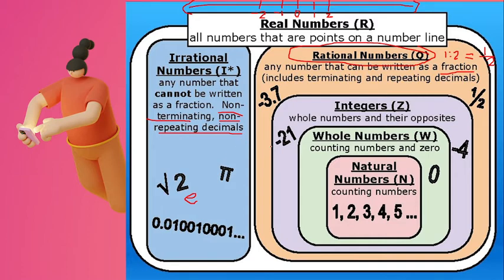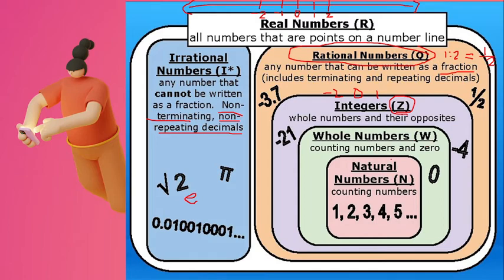Under the rational numbers, we have integers, denoted by Z. Examples of integers are negative 2, 0, 1, and so on. Then we have the whole numbers.